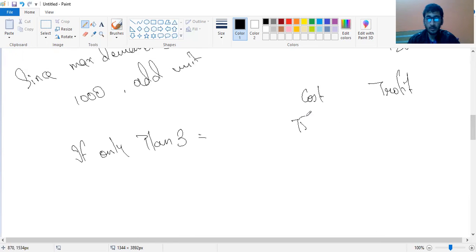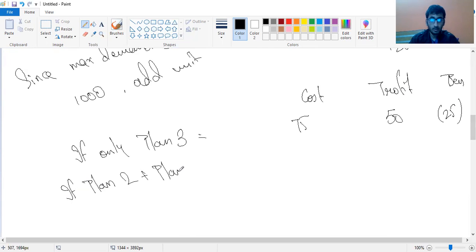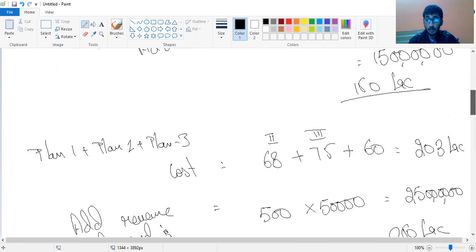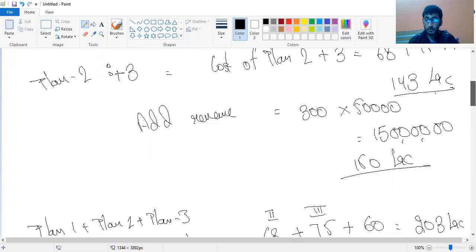So cost is 75, profit is 50. So overall benefit, I can say it is negative 25. If plan 2 plus plan 3, if I'm adopting both the plans, my total cost is 143, but my total profit is 150. I've taken it from here, 143 and 150.